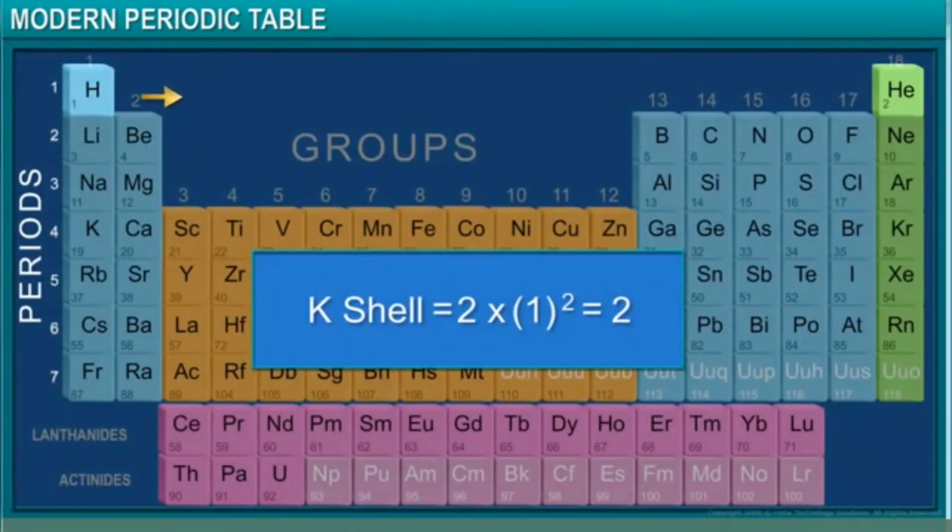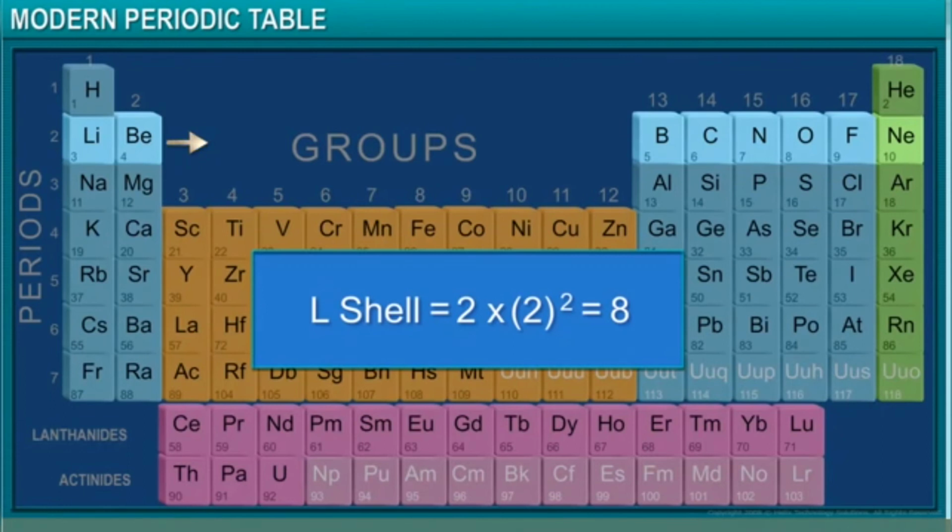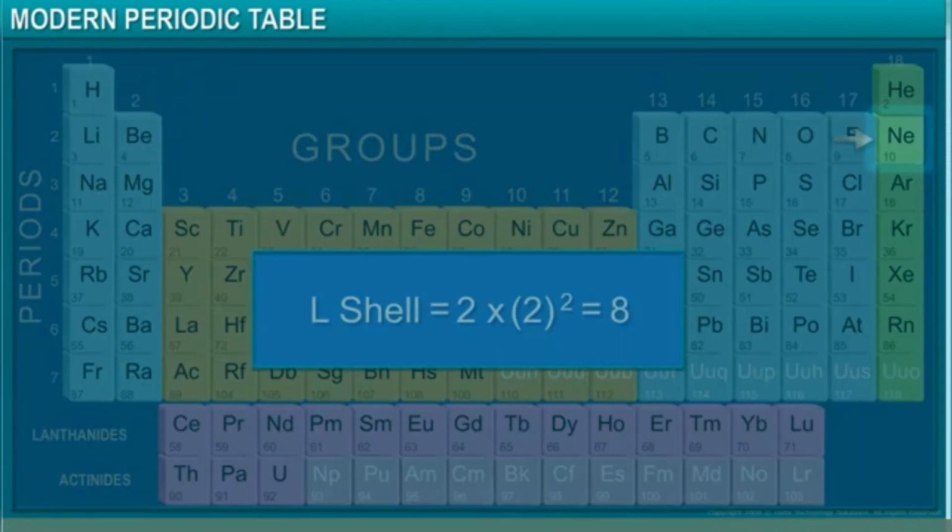Hence the first period has 2 elements, that is, hydrogen and helium. L shell is equal to 2 multiplied by 2 raised to the power of 2, which is equal to 8. Hence the second period has 8 elements, that is, lithium, beryllium, boron, carbon, nitrogen, oxygen, fluorine, and neon.